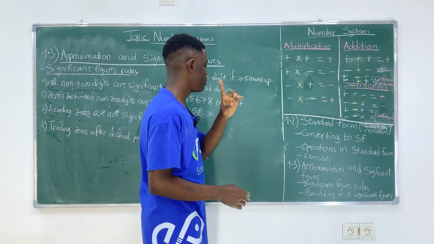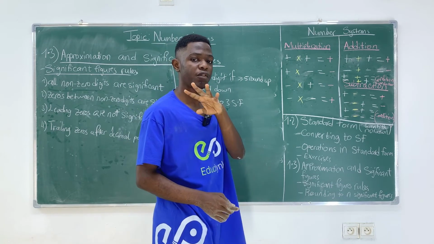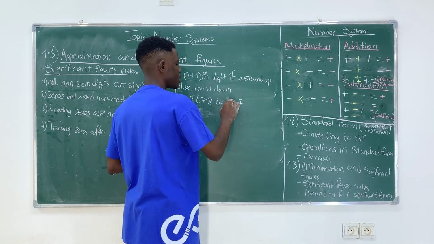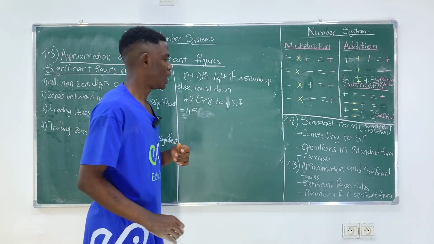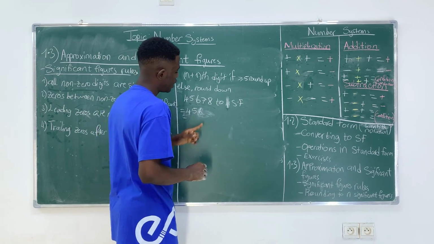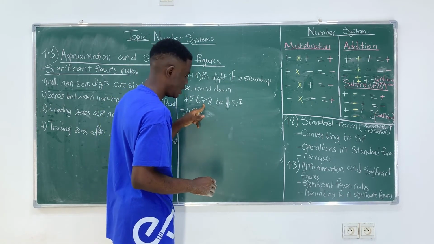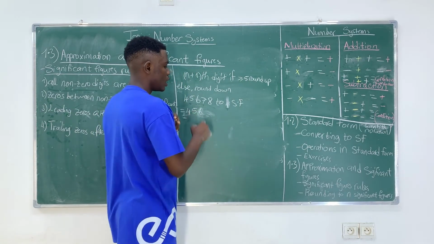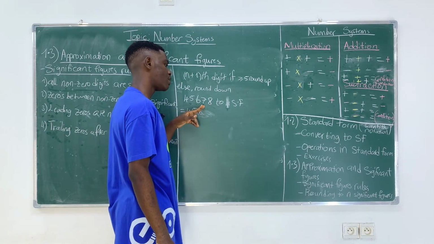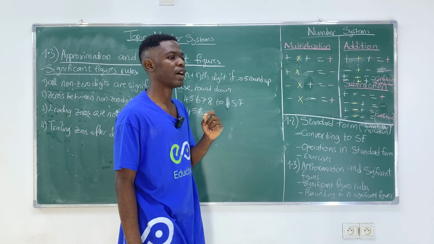If they had said 4 significant figures, what would I have done? I would have written 4, 5, 6, and then doubt on 7. Look, check at the number after 7. Is the number after 7 5 or more?